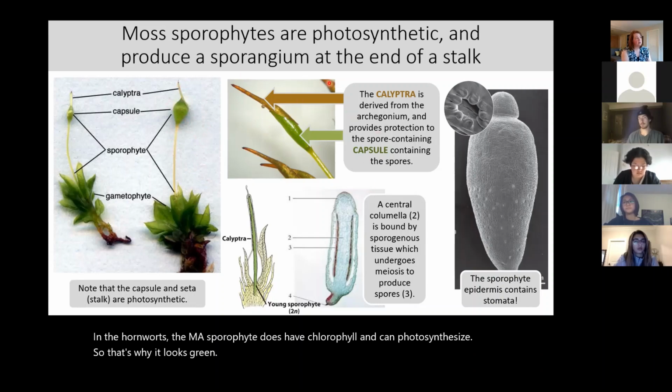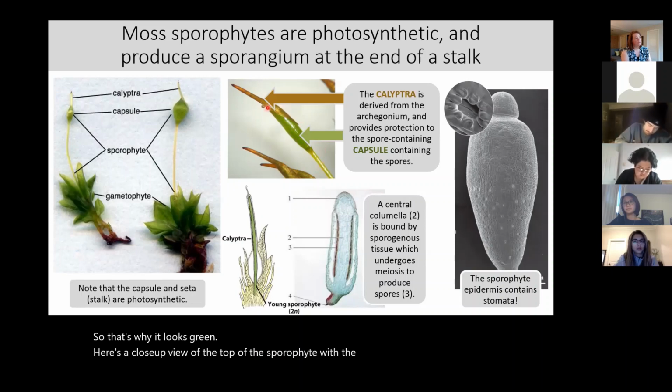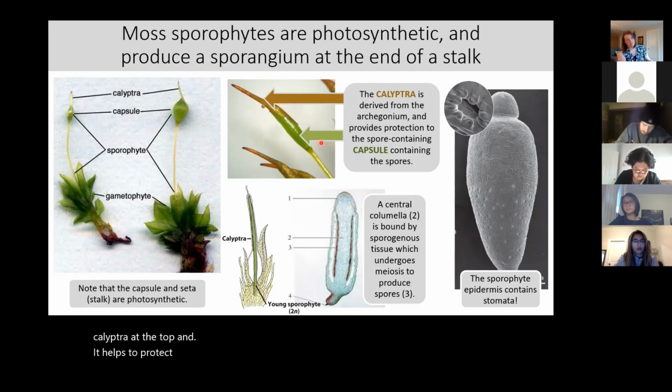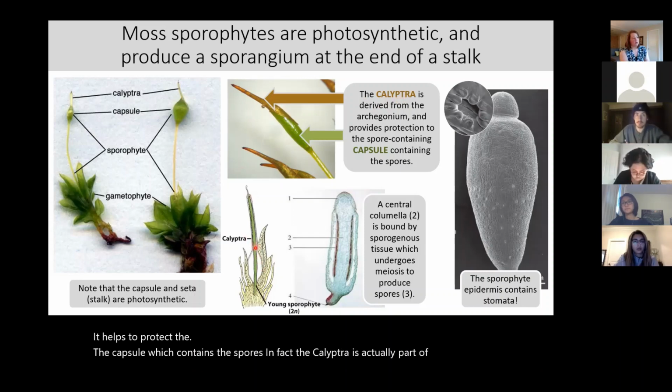Here's a close-up view of the top of the sporophyte with the capsule at the bottom and the calyptra at the top. It helps to protect the capsule, which contains the spores. In fact, the calyptra is actually part of the former archegonium wall.